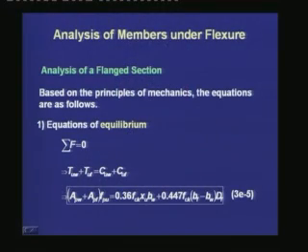Now, let us see the equations based on these principles of mechanics. The first one is the equations of equilibrium, and here the first equation is related with the longitudinal forces. Sigma F is equal to 0. The total tension is equal to TUW plus TUF, which is equal to the total compression CUW plus CUF.